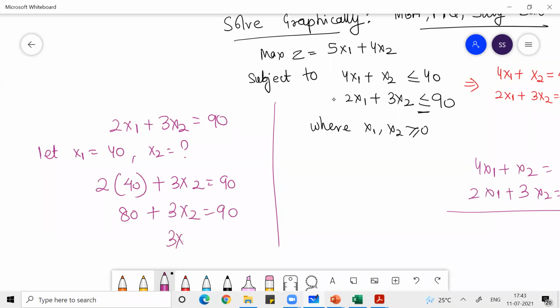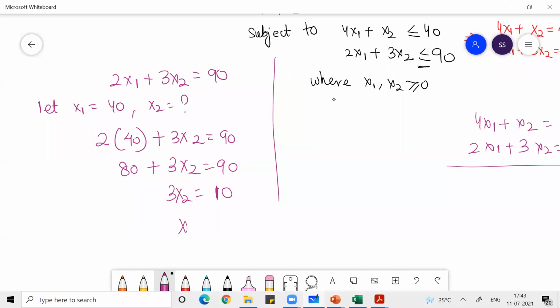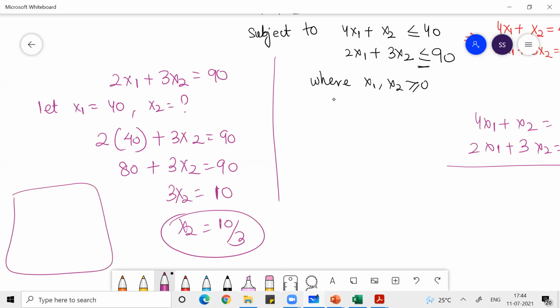So 3x2 is equal to 90 minus 80, which is 10. So x2 is equal to 10 by 3. If x1 is equal to 40, then x2, Pavitra, is 10 by 3.